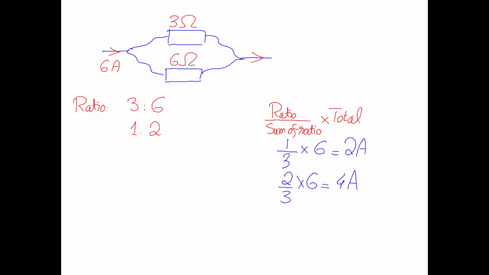When you divide the current in the ratio, you get 2 ampere and 4 ampere. The tricky part is that low resistance will get more current. So 2 ampere will be through 6 ohm, and 4 ampere should be from the low resistance one. So this is the idea of a parallel circuit.